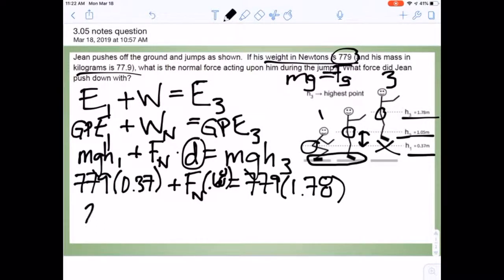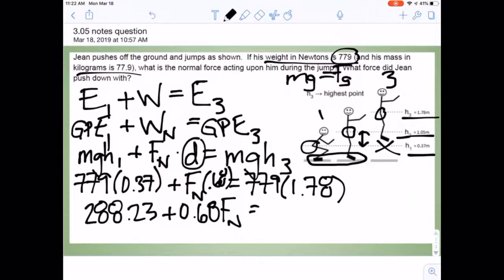So I've got 288.23 plus the 0.68 normal force. And then the 779 times 1.78 is going to give us 1386.62. Okay, the next step is to subtract this 288.